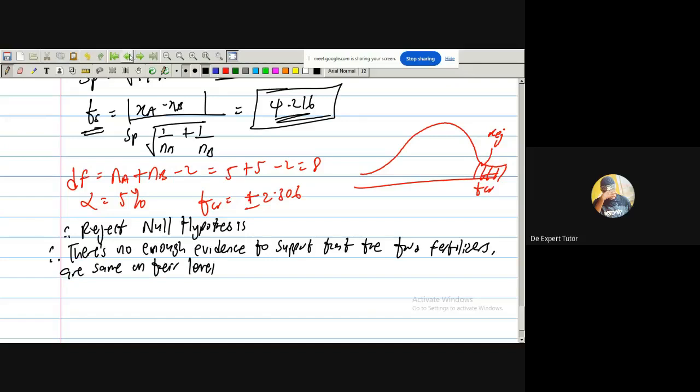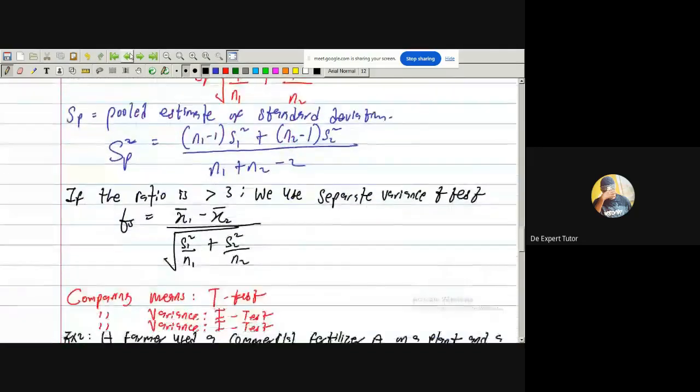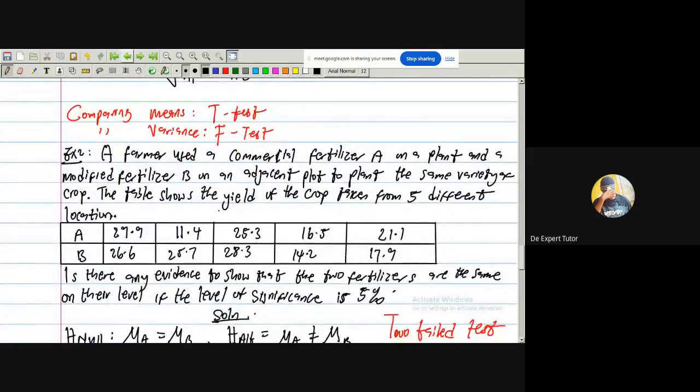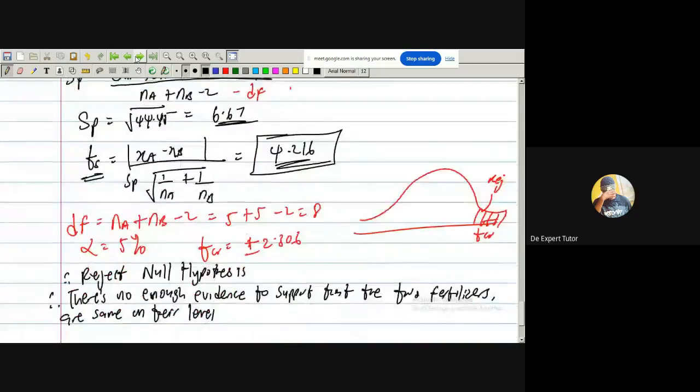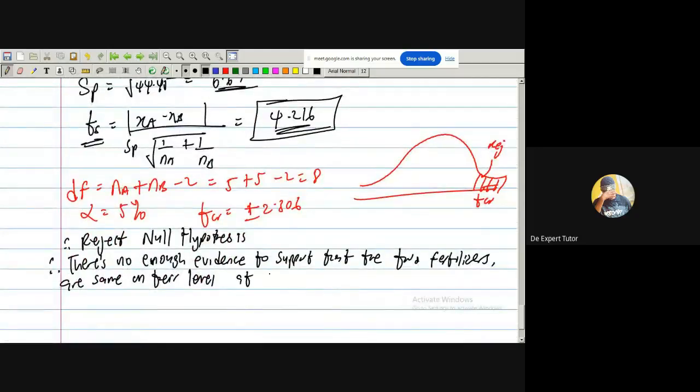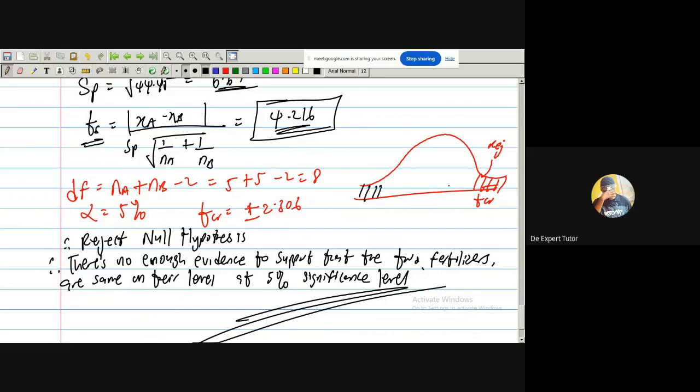I think that's what they ask us in the question. For me, I like to include this: at 5% significance level. Exactly. Then that's it. So this is the two-sample t-test. So that's our answer. Do you get that? Yes. So that's it. Now, that's one sample and two sample.